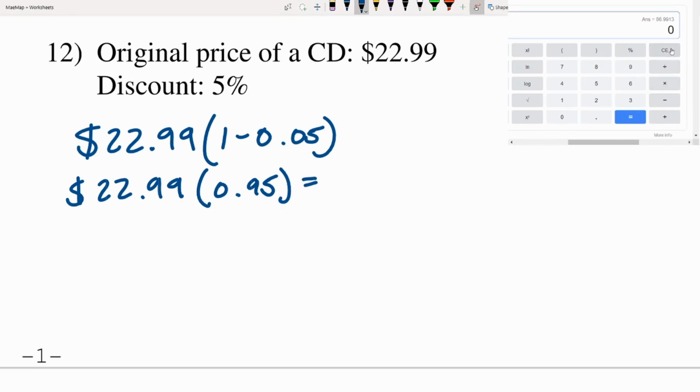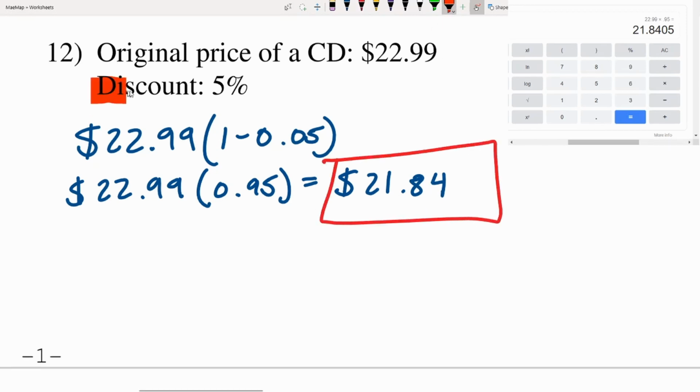So back to our calculator, 22.99 times 0.95 gives us 21.8405, which, rounding to the closest decimal place, is going to be $21.84. And again, that number is definitely less than our original purchase price because we're discounting it.